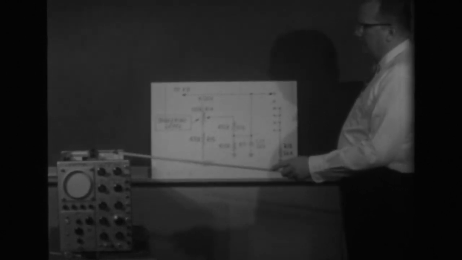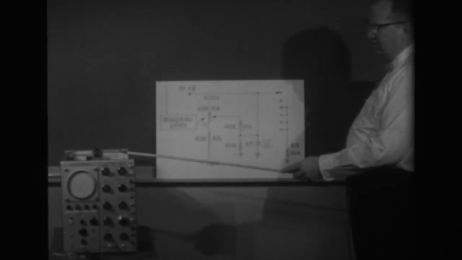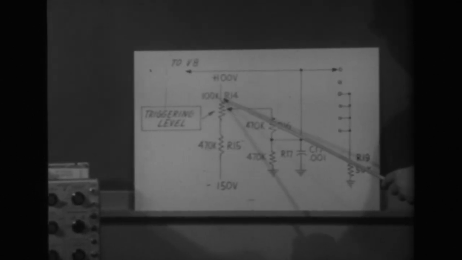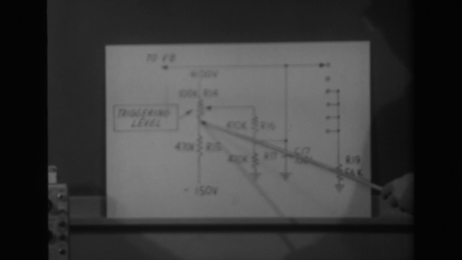When we connect the clip lead between the junction of the 470,000 ohm resistors and the 56,000 ohm resistor, we are really making it easy for you to adjust the triggering level control. And on the circuit schematic, the triggering level control has a range of about plus 100 volts to minus 100 volts at this point.